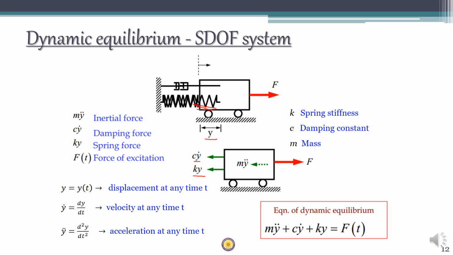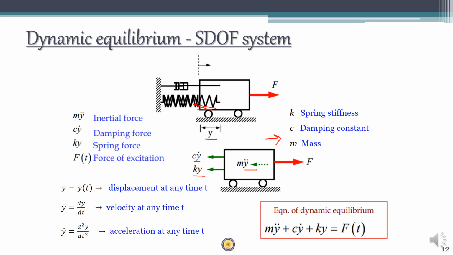We also have the force F, which is the forcing force or force of excitation. The acceleration is towards the right, or the body moves towards the right. By applying D'Alembert's principle, to bring this system into dynamic equilibrium, we have to apply an inertial force opposing the direction of acceleration. So we apply the inertial force m into y double dot, where y double dot is the acceleration and m is the mass.